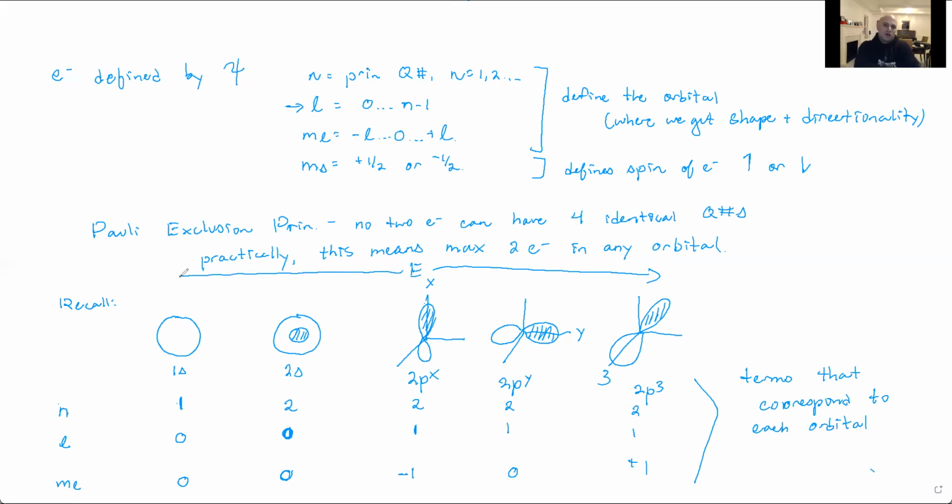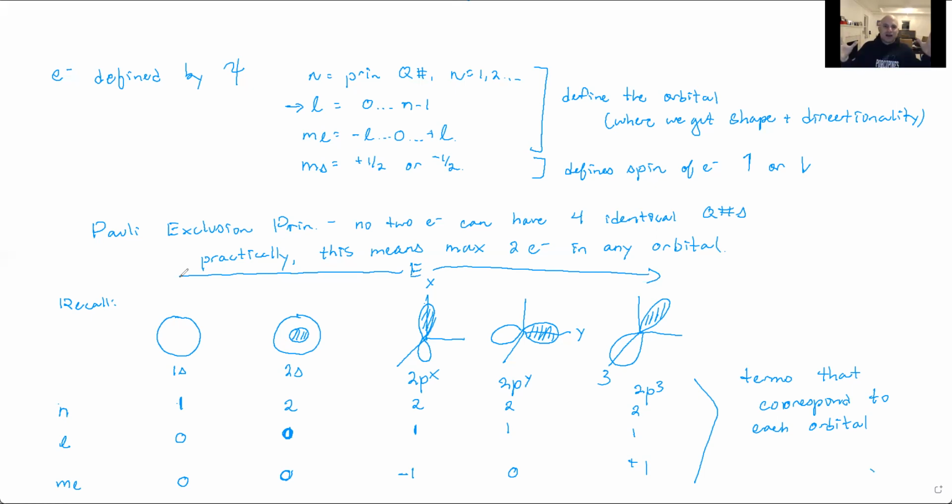And what do I mean by the energy increases? So remember, the orbitals are a state that is available to an electron. It's a place it can go. It's an empty seat in an auditorium. You can conceptualize it however you like.